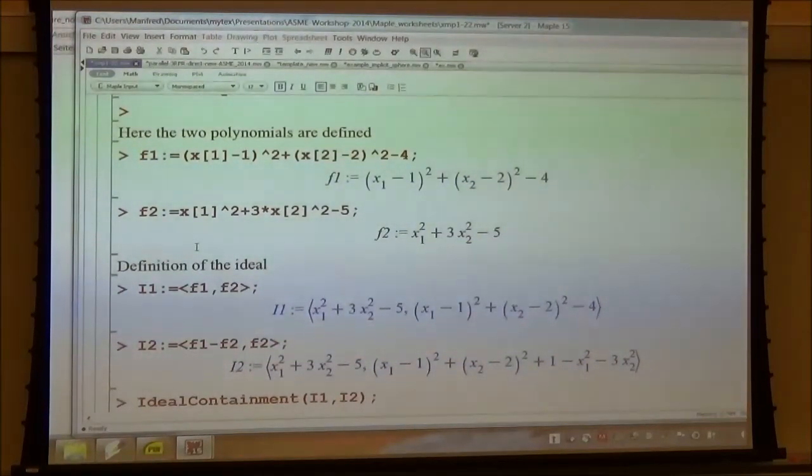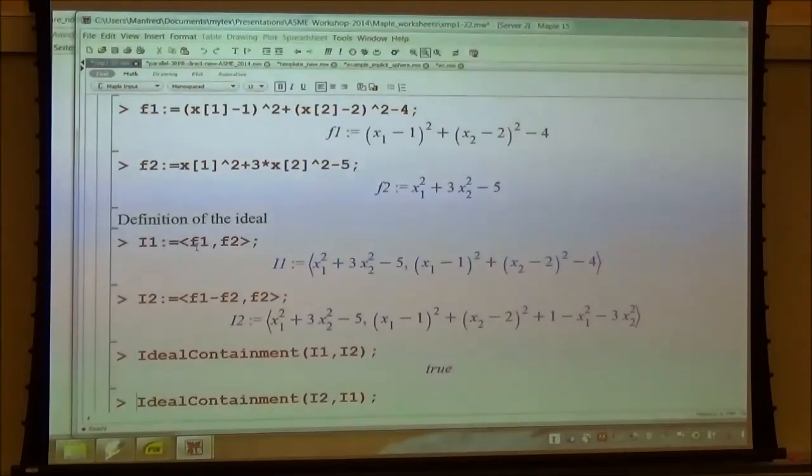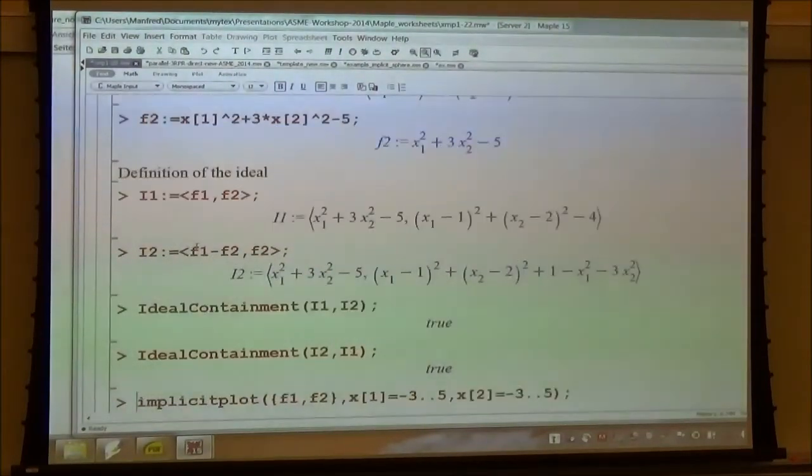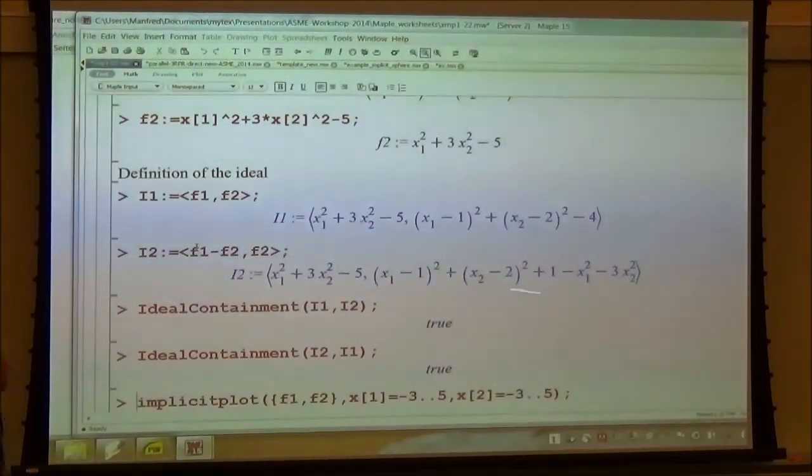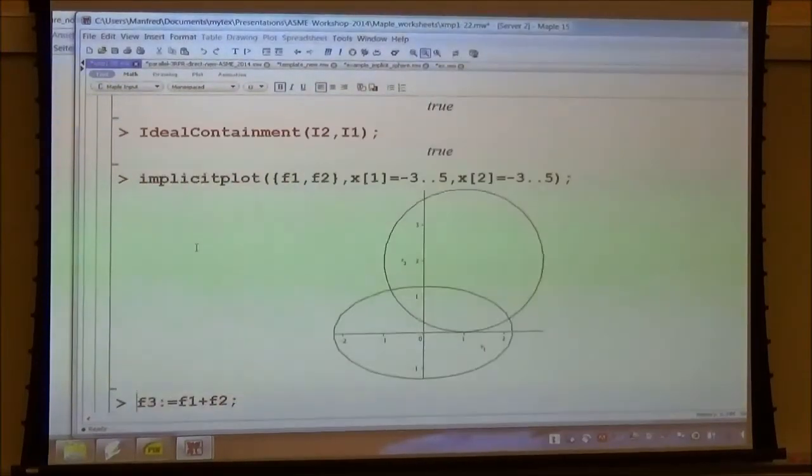And if this is the case, and it must be the case, then Maple will answer true, and the other way also. Now you can look at the affine variety belonging to this polynomial. You can do it with a plot, and then you will see these are the two affine varieties. One is a circle, one is an ellipse.